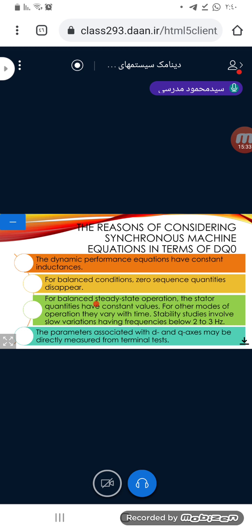Three, for balanced steady-state operation, the stator quantities have constant values. For other modes of operation, they vary with time. Stability studies involve slow variations having frequencies below 2 to 3 Hz.